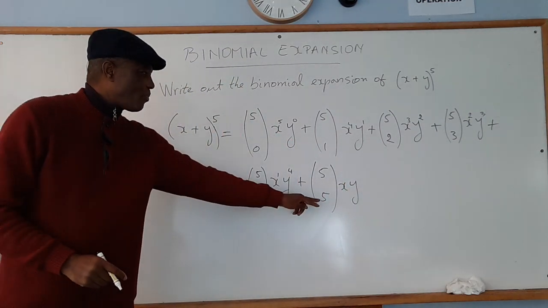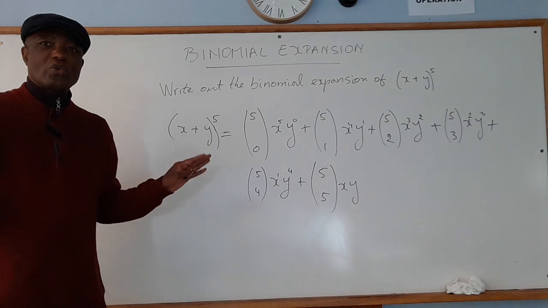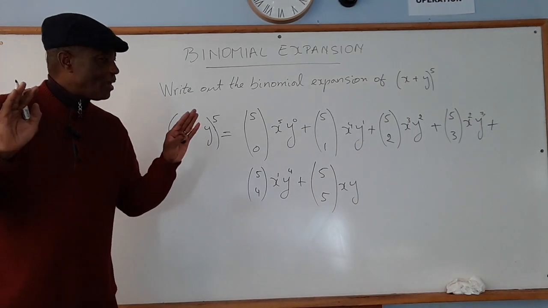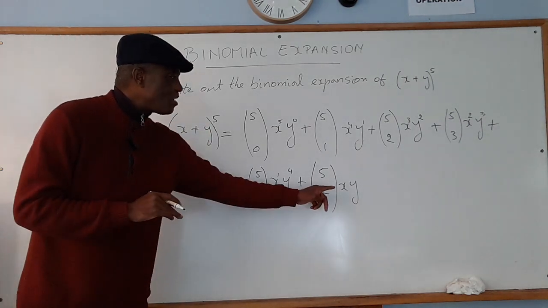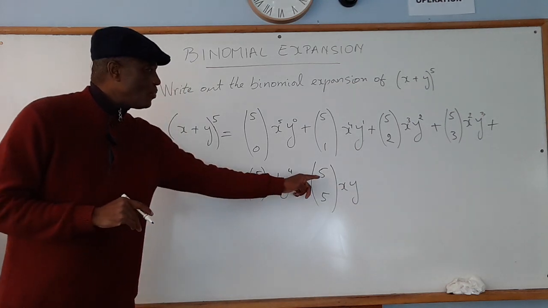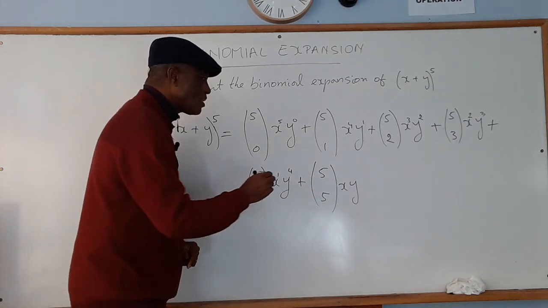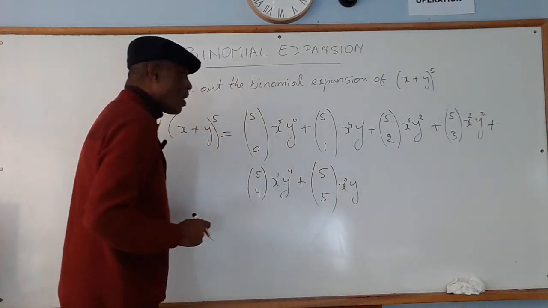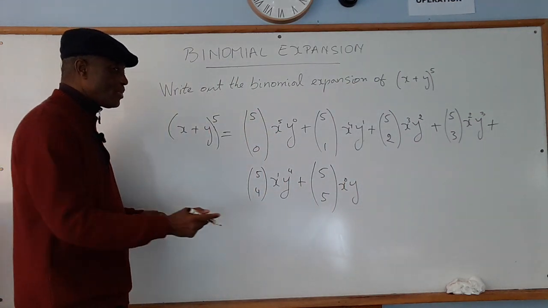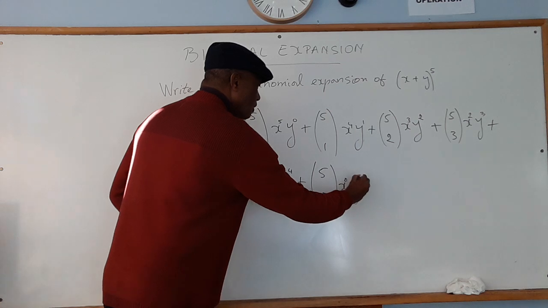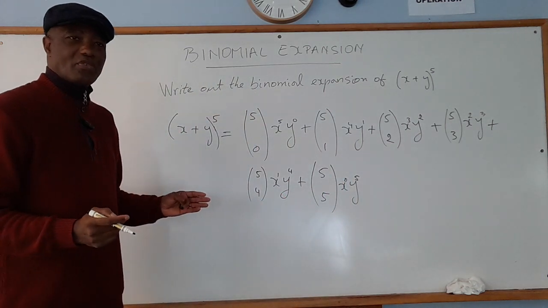Now when we reach 5, that means our very last term. The power of x will be 5 take away 5, which is 0, and the power of y will be 5. Look what we have got.